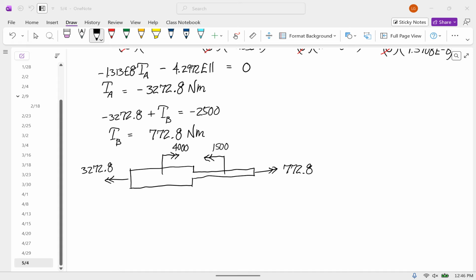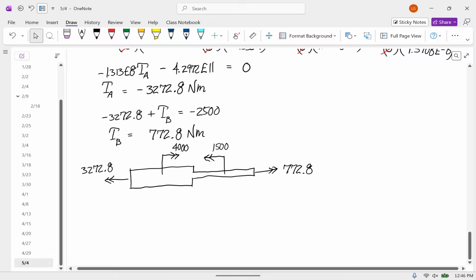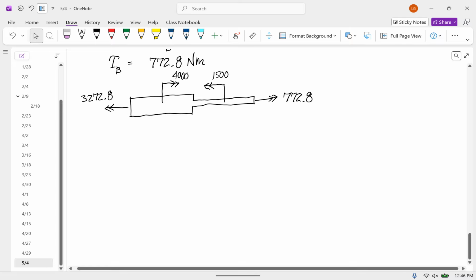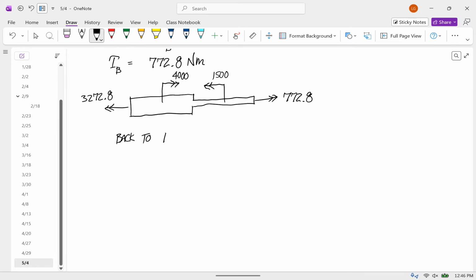Okay. So now we're talking about, so back to beam displacements and statically indeterminate systems.